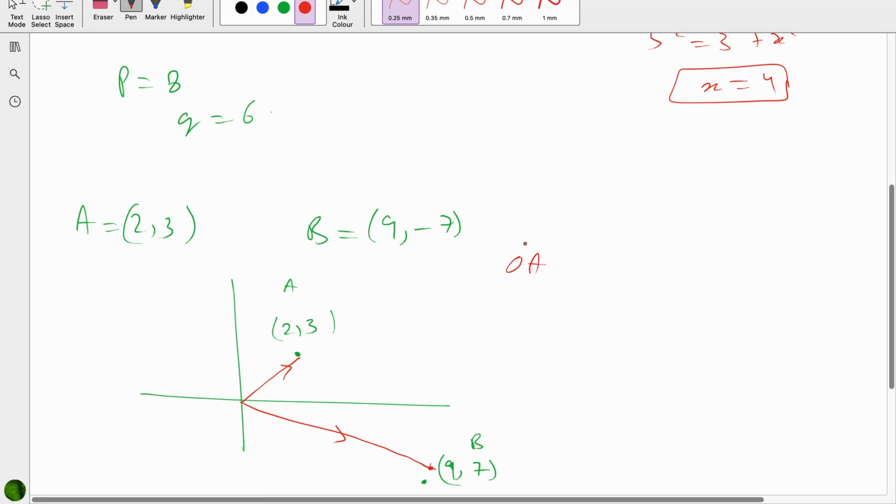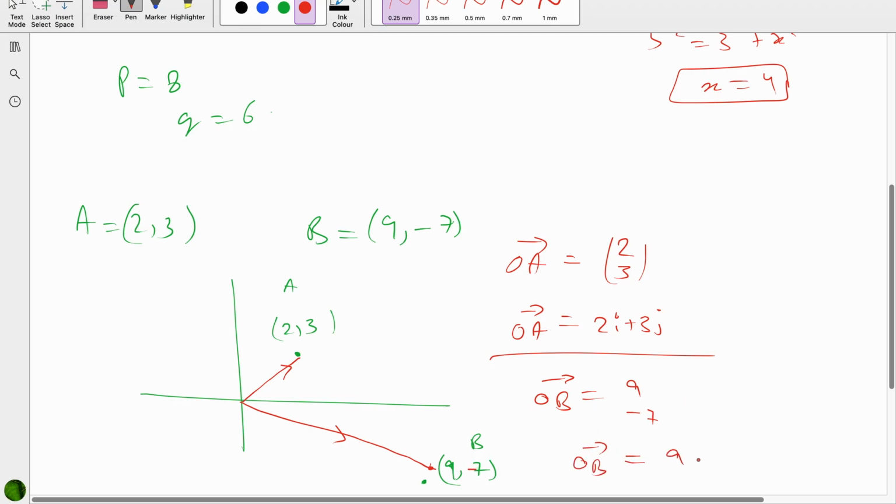So OA is 2 3, or OA is 2i plus 3j. For B we can say OB is equals to 9 minus 7, or we can say OB is equals to 9i minus 7j. Position from O is known as position vector.